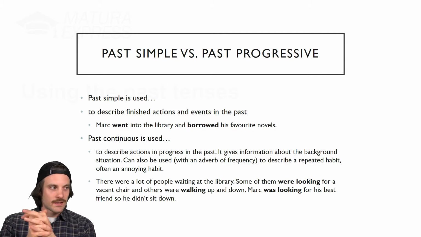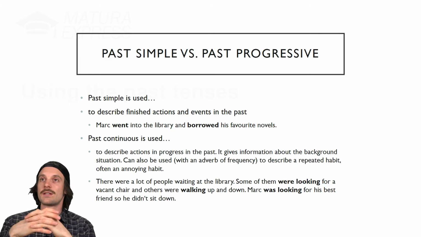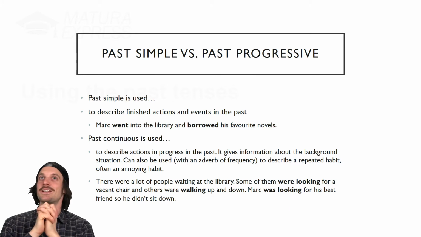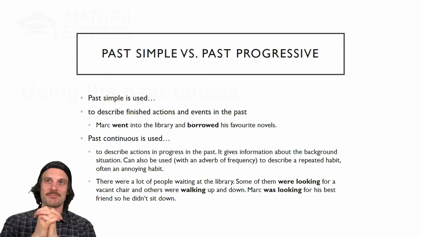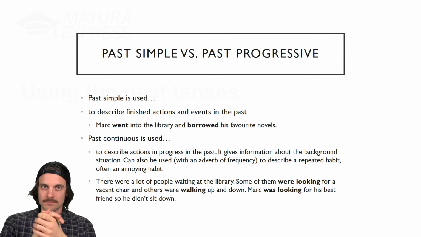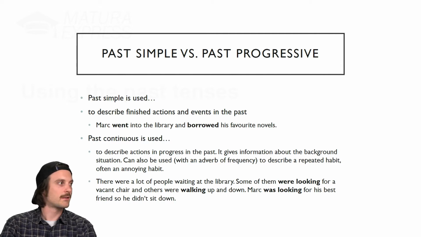So, for example, Mark went into the library and borrowed his favorite novels. Gothic novels, for example. So that's in the past. It's completed. It's done. There's no effect on the present. There might be an effect on the present, but we're not going to talk about it now.